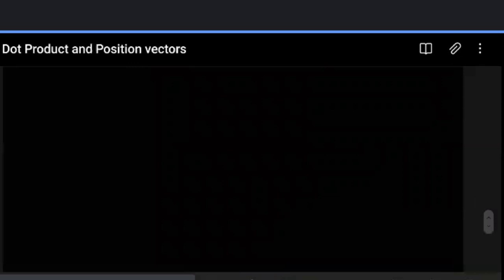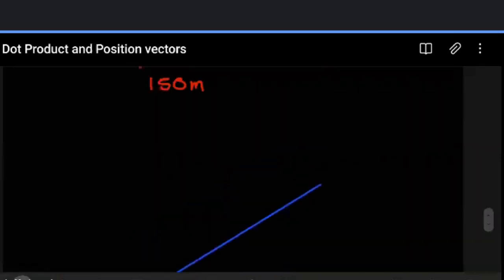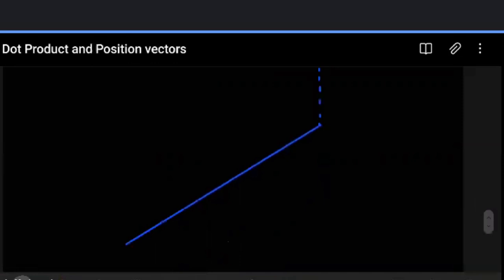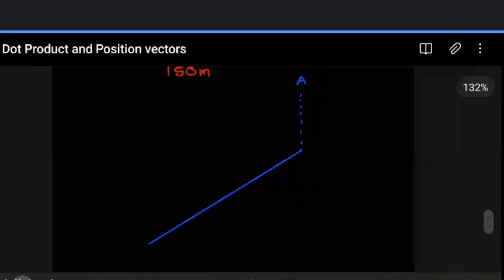Well, we have to see this line here. Point A is literally right above this point. This is where A is. But instead of giving us the whole thing, the question told us that from here to here, it's 300.